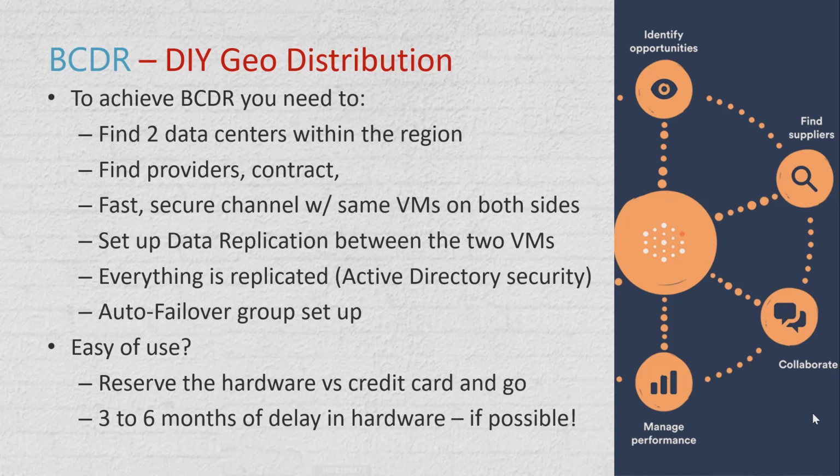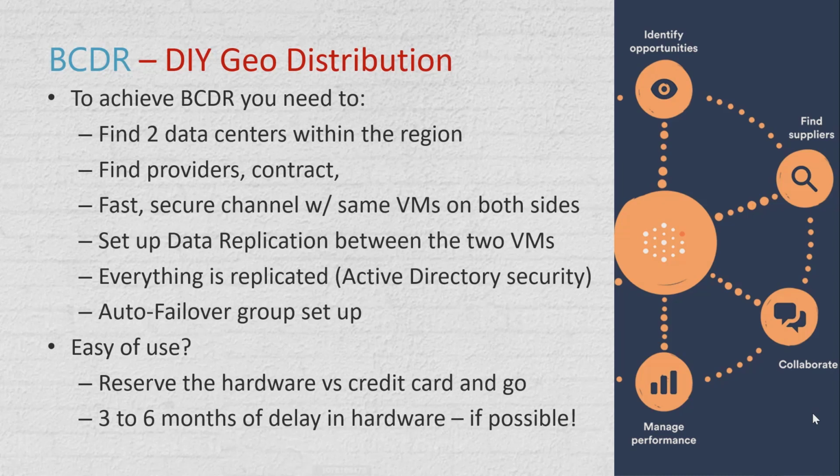But then you have to be sure that the data center provider is really secure, because if Active Directory is breached and copied from the secondary data center, then your application is pretty much busted, or at big risk.